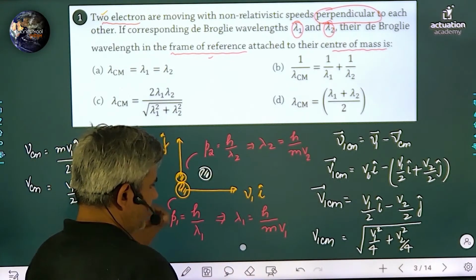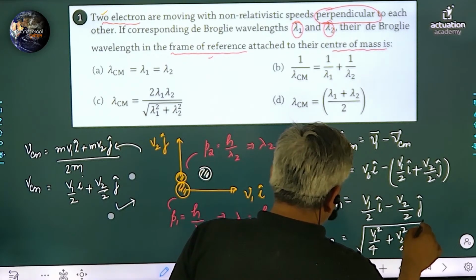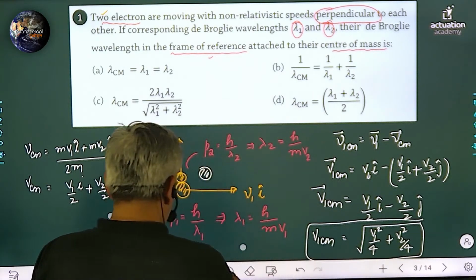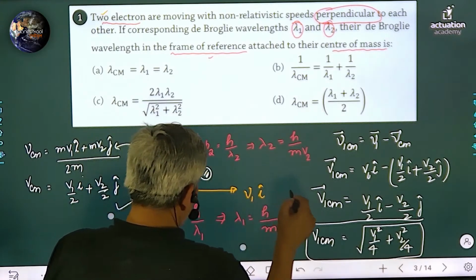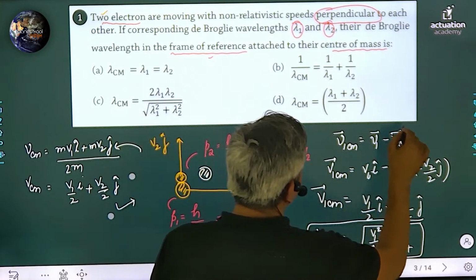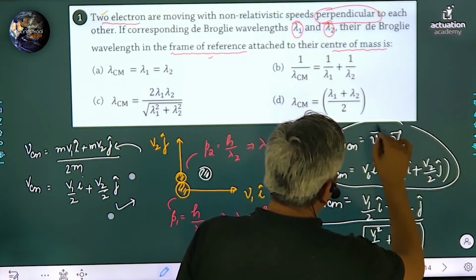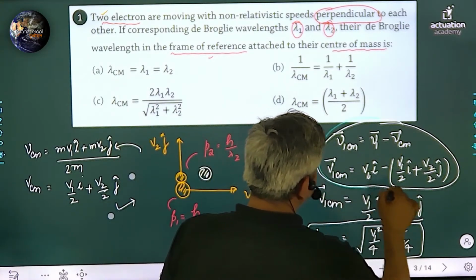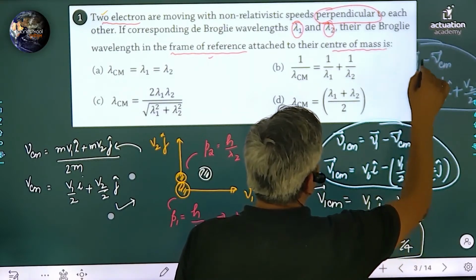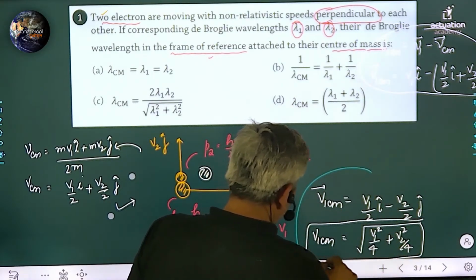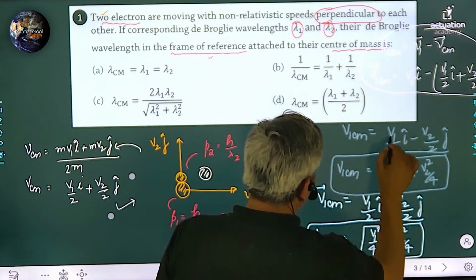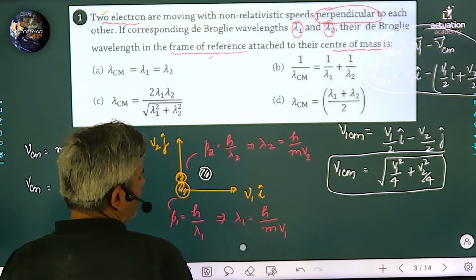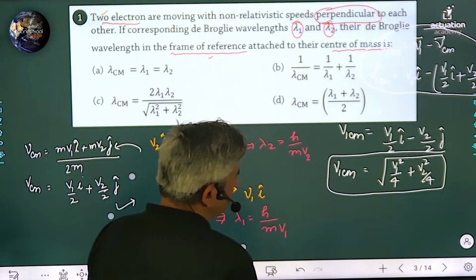Now let me add another slide to it. We can make use of that, or I'll just put this up a little bit and this up a little bit. Now, velocity of center of mass in center of mass frame.